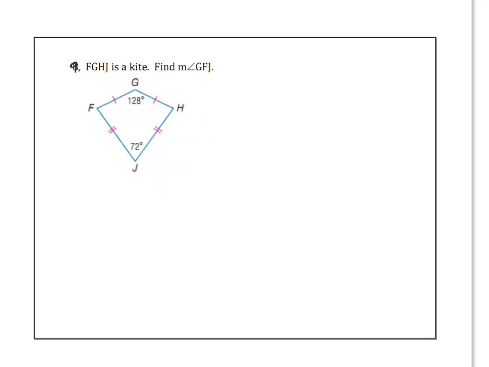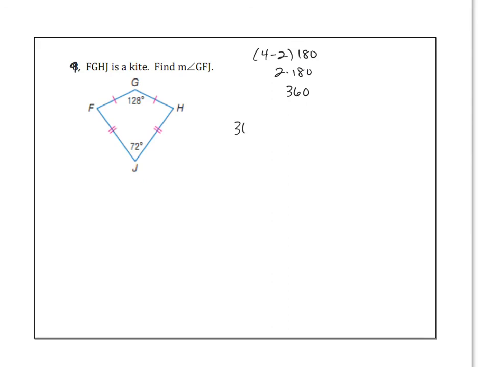Please pause the video and try number 9. Remember, it's a kite. It has 4 sides, and so the sum of the interior angles is 4 minus 2 times 180, which is 2 times 180, which is 360.